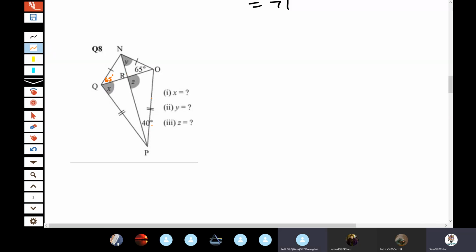Cool. What else? And then angle QNO would equal 180 minus 65 minus 65. I like it. So 65 plus 65, which is 130. And then 180, take away 130, which is 50.